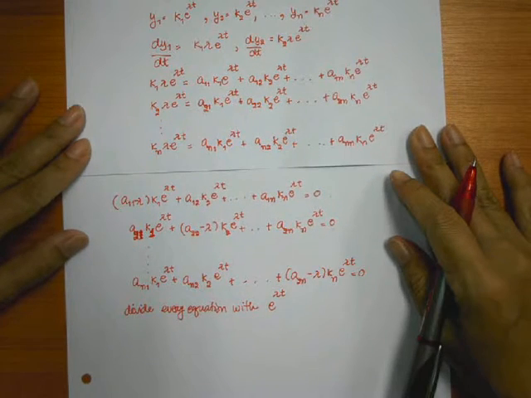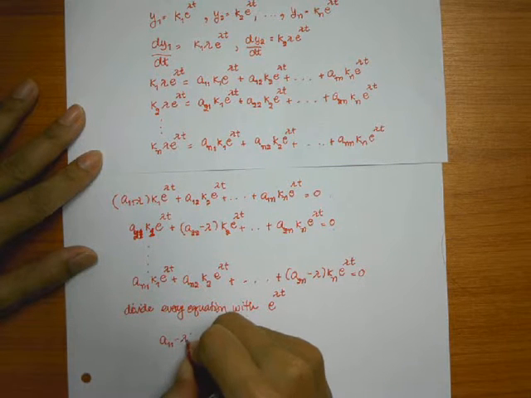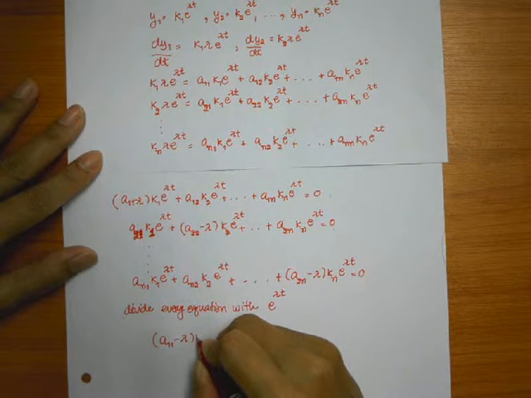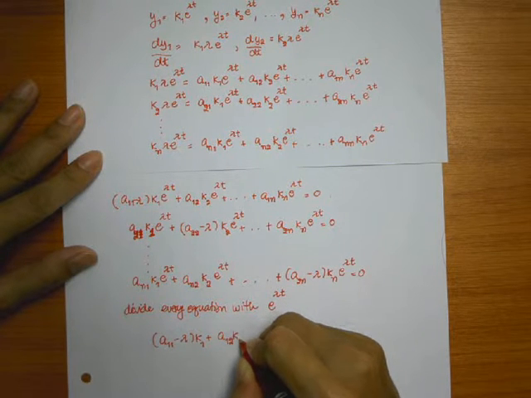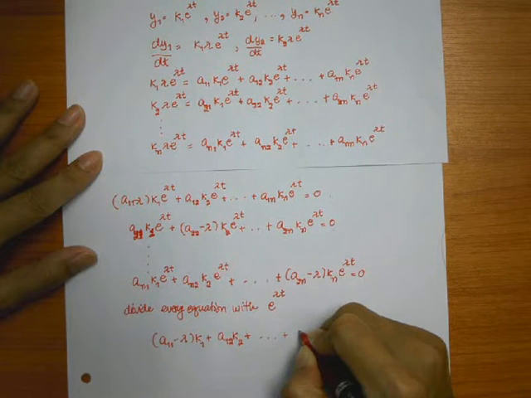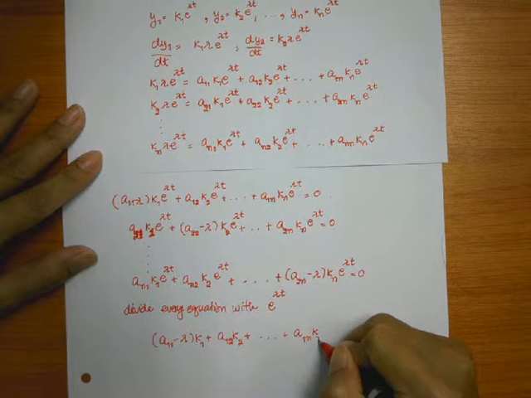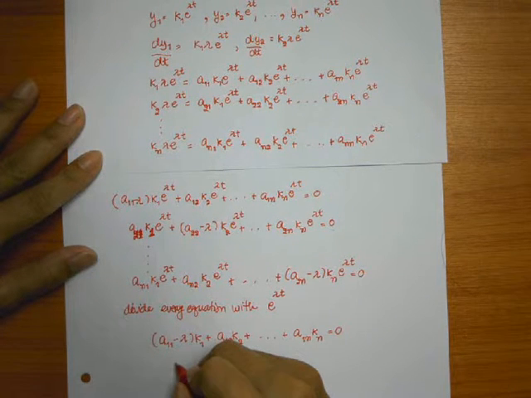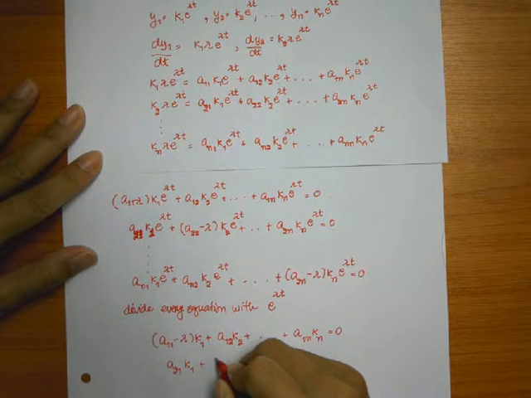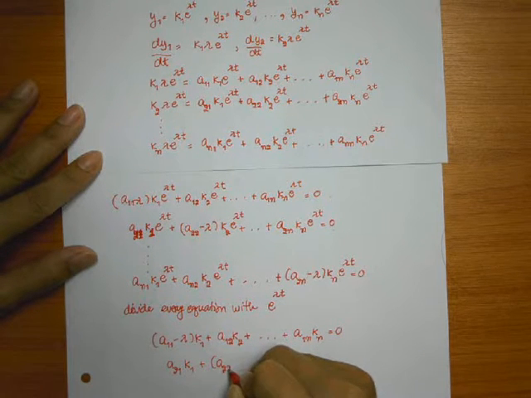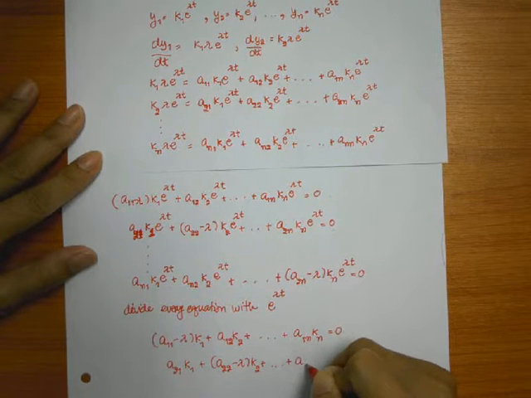From that, I would get a11 minus lambda k1 plus up to a1n kn, then a21 k1 plus a22 minus lambda k2 plus up to a2n kn.